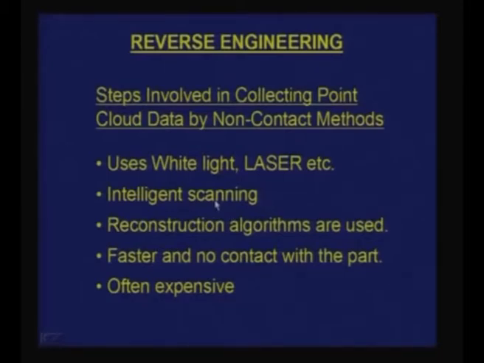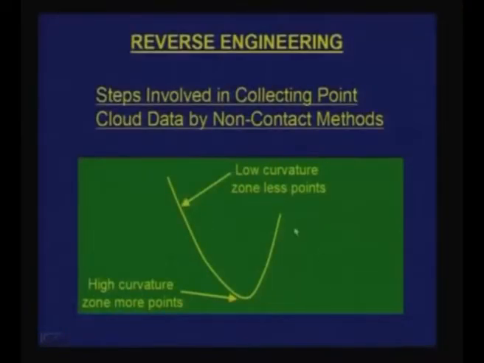Intelligent scanning means suppose I am scanning along a certain cross section and I take points located at a certain distance, say 10 points which are equally distributed, I may have a problem. The problem comes in those regions where there is a high curvature. I would like to have a very high density of points in this region.